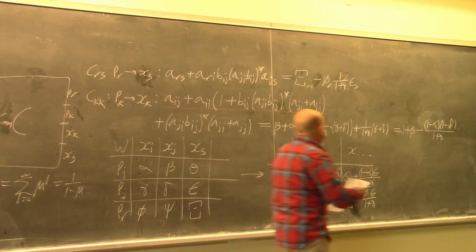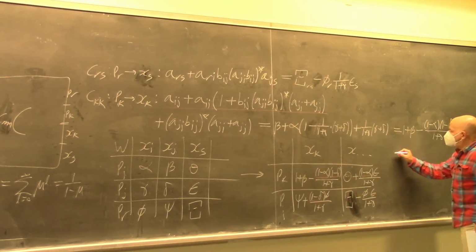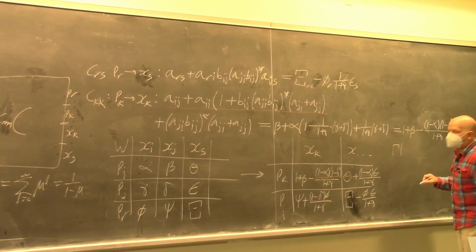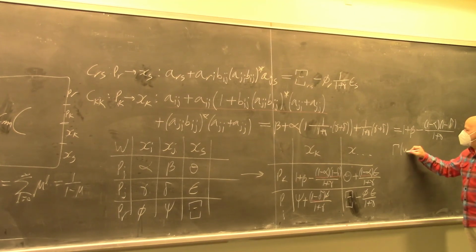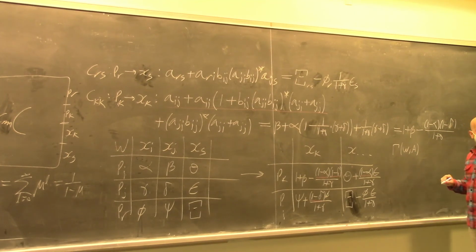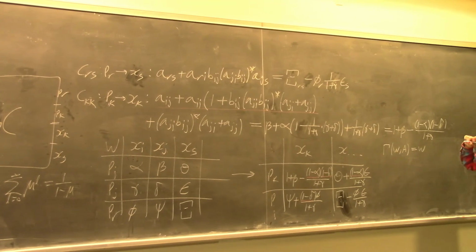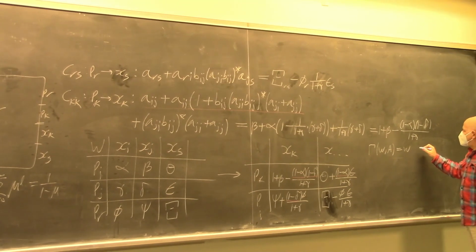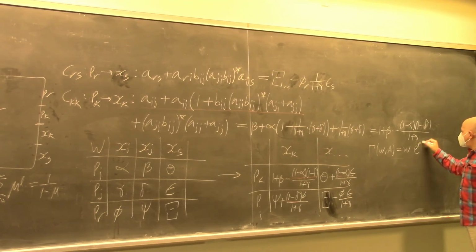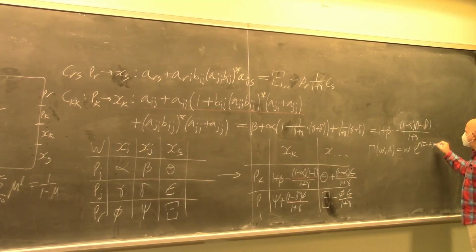So in other words, let me define gamma of omega in the matrix A to be omega times e to the quadratic defined by 1 minus the matrix A, instead of the matrix A itself.